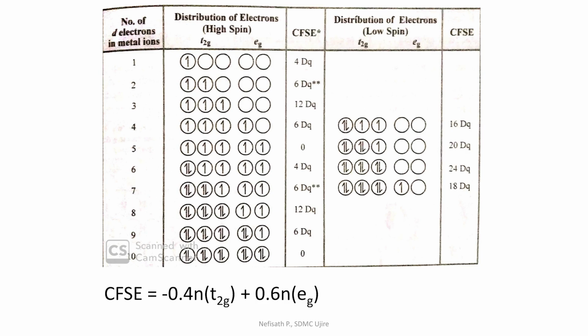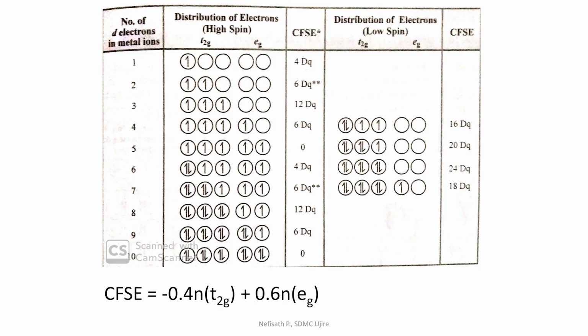As a result, the high spin condition is observed, and usually the high spin condition is observed with ligands which are weak, and hence the complex is also called a weak field complex.